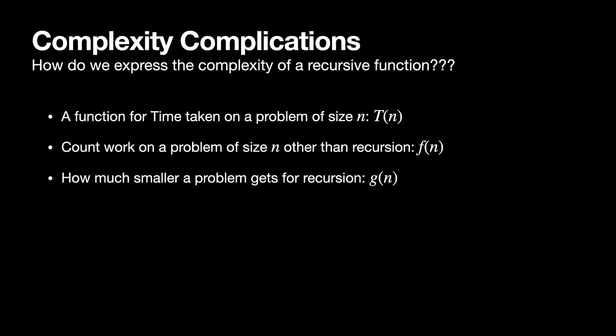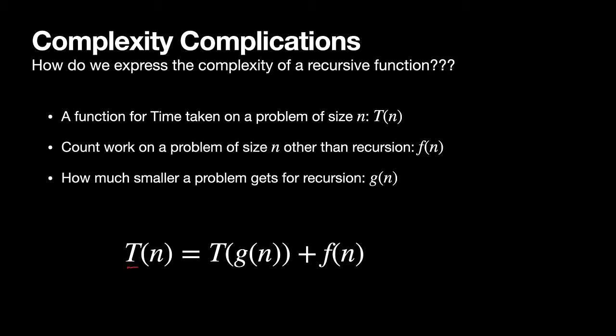Okay, so putting it all together, we can express the amount of time it takes to solve a problem of size n in terms of the amount of non-recursive time at a problem of size n, the f of n, plus the amount of time it takes to recursively solve the subproblem.